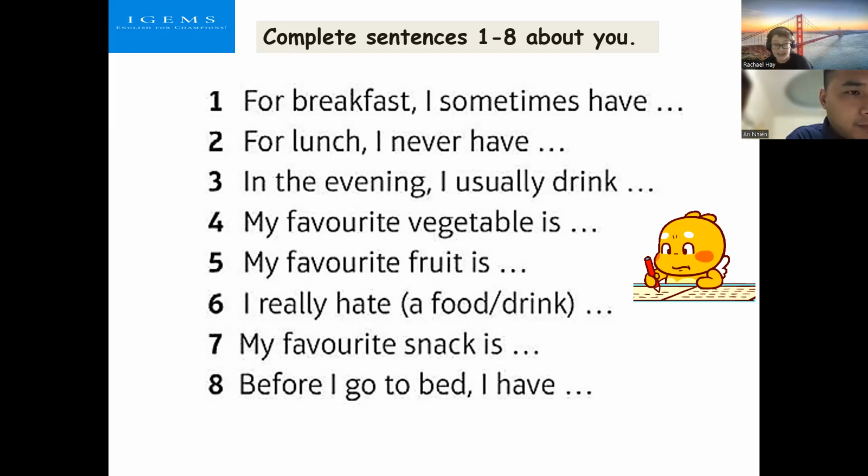My favorite snack is potato chip. Good. Before I go to bed, I have a drink, a milk. Okay, a glass of milk. Good.